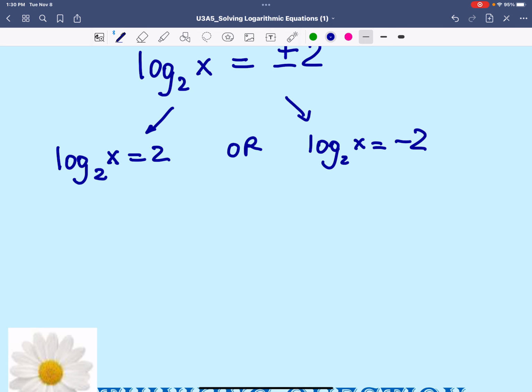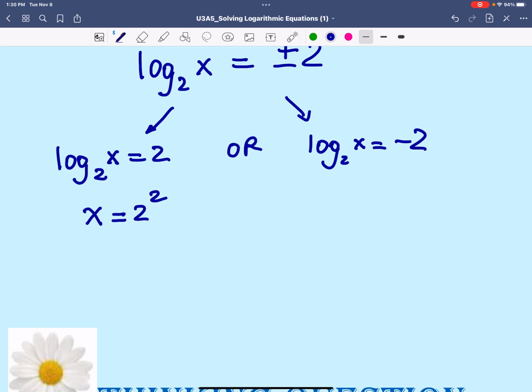So let's solve this very simple log equation. So convert the log statement into exponential. So we're going to say x that is inside the log must be base of 2, and we're talking about this base of 2 in here, to the power of 2. So it is this 2 in here to this power of 2 in here.